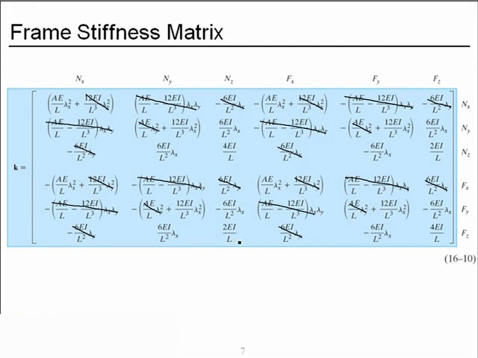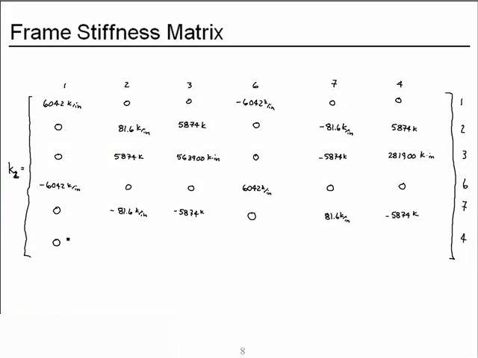And then we have 2EI over L and 4EI over L. So we have 0, 58.74 kips, 2EI over L, 28.1900 kip inches, 0, a minus 58.74 kips, and 4EI over L, 56.3900 kip inches.